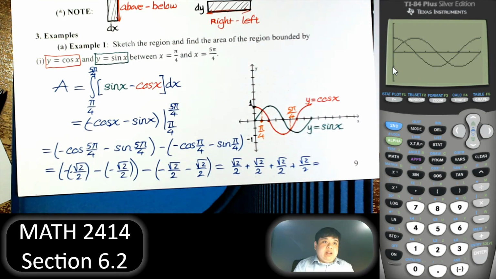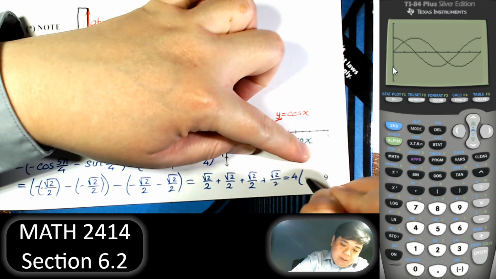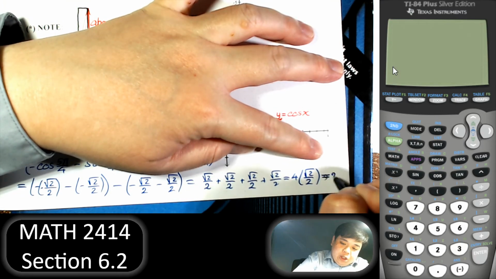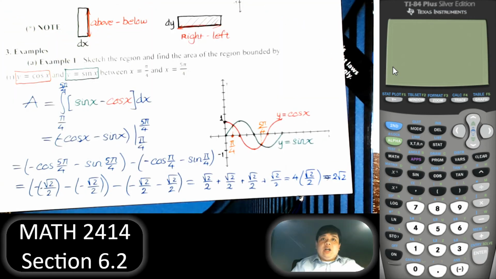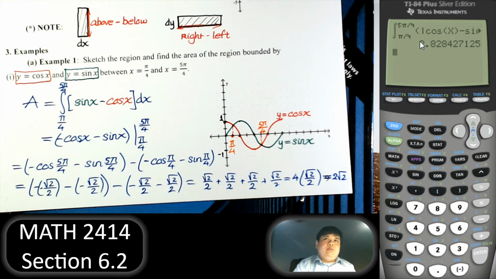So let's see how many of those. 1, 2, 3, 4. So there are 4 of them. Cancel the 2. So this is 2 square root of 2.